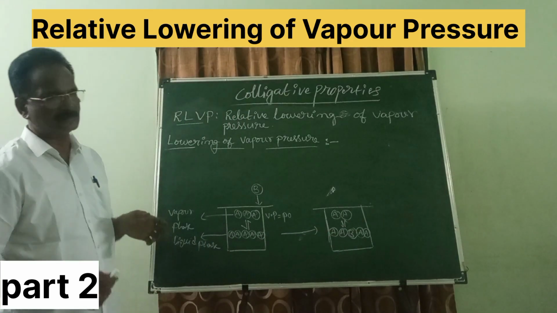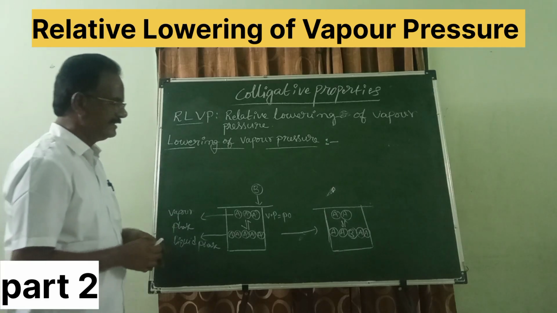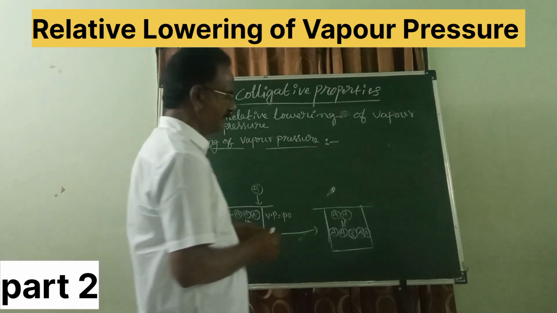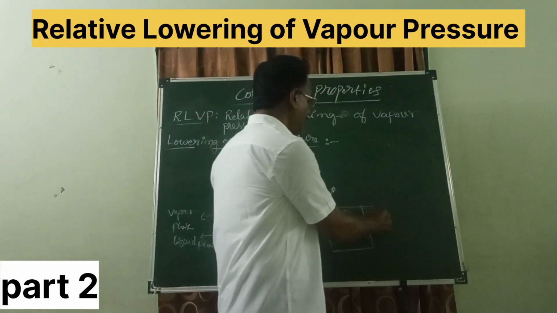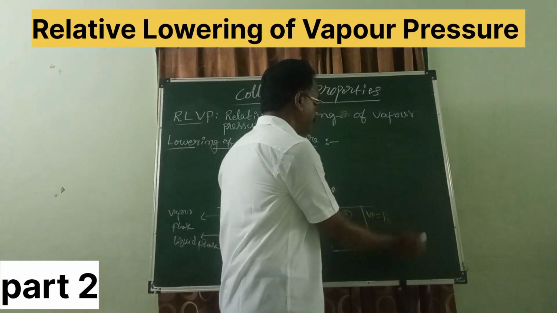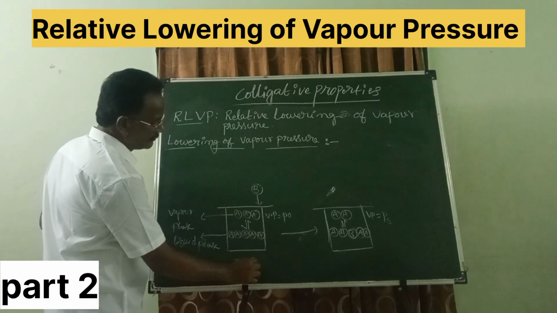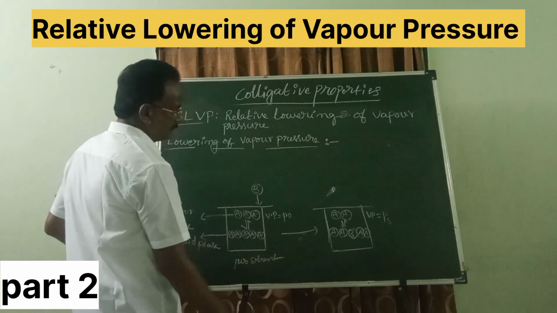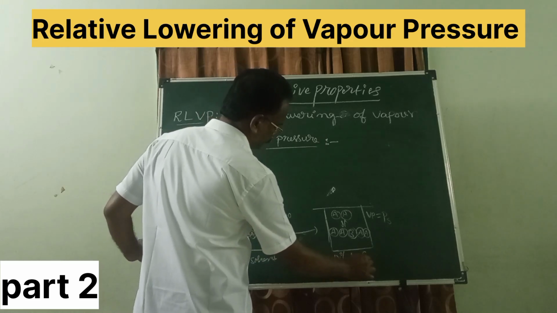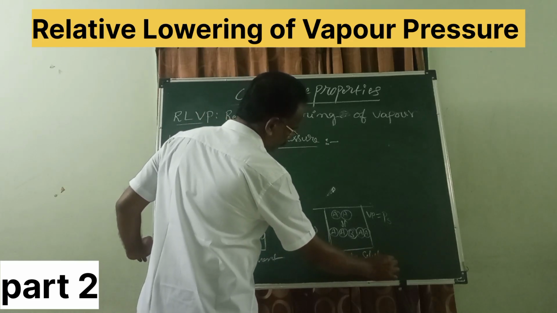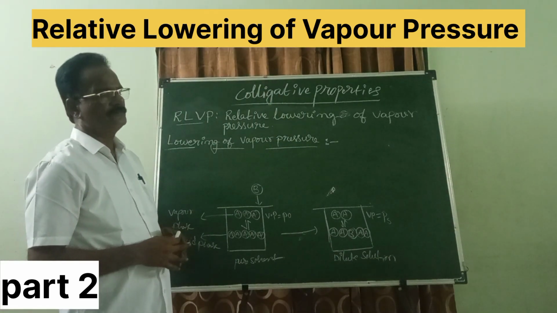As the number of solvent molecules decreases in the vapor phase, the vapor pressure decreases. Let us say here the vapor pressure is equal to Ps. This is pure solvent, and this is dilute solution.